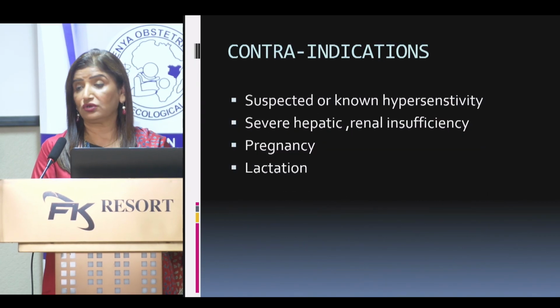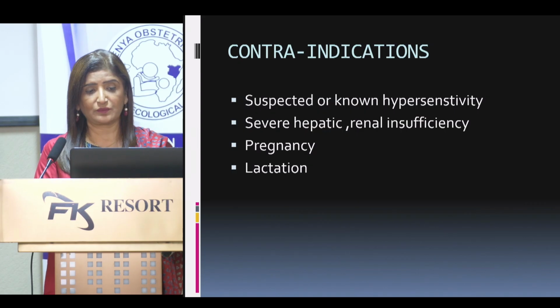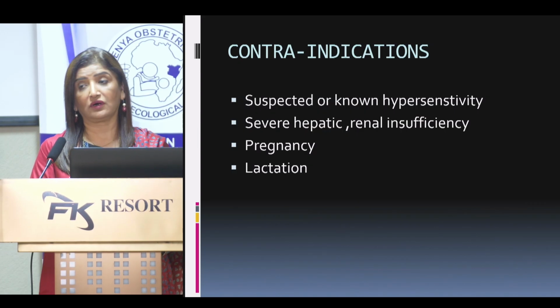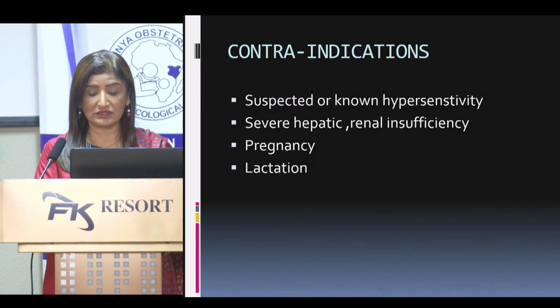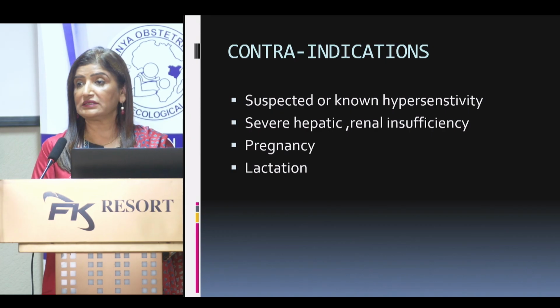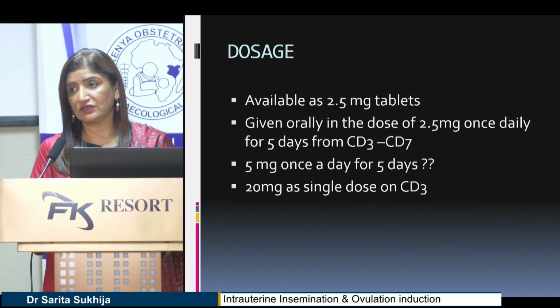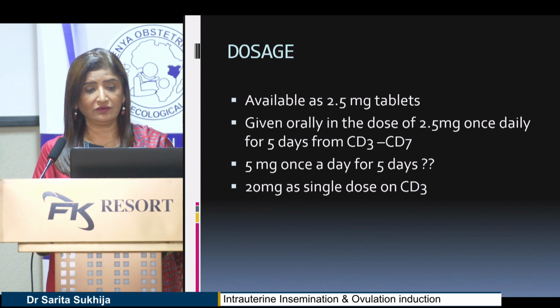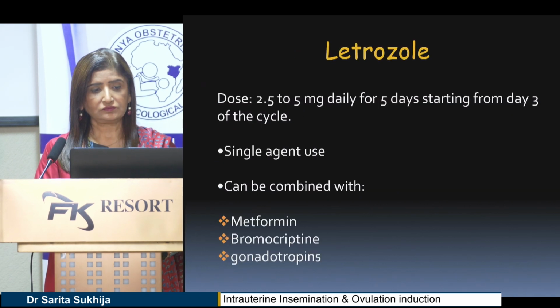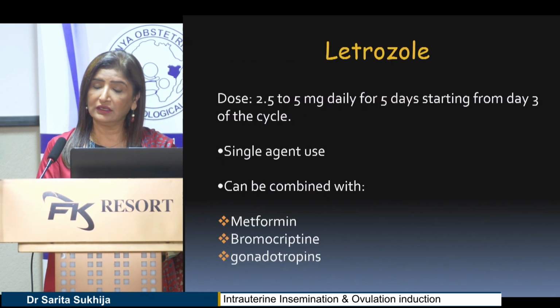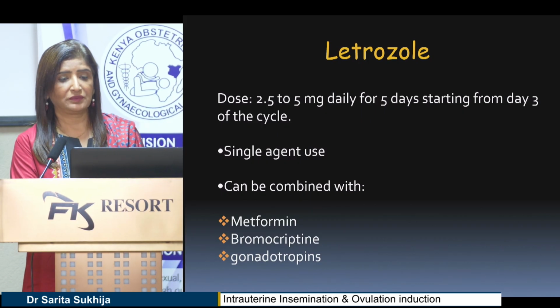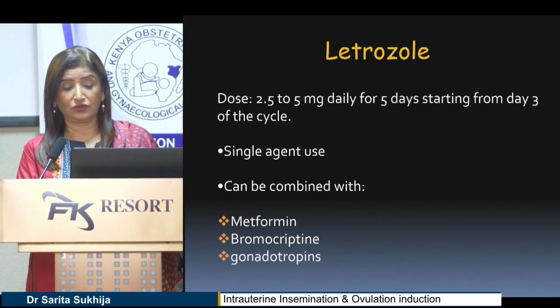Contraindications for both Clomid and letrozole: any suspected or known hypersensitivity, or any hepatic or renal insufficiency. And of course, in pregnancy and lactation, it's not advisable. Letrozole we prefer giving 2.5 or at the most 5, not more than that. And in PCO patients it can be combined with metformin, bromocriptine, and gonadotropins.